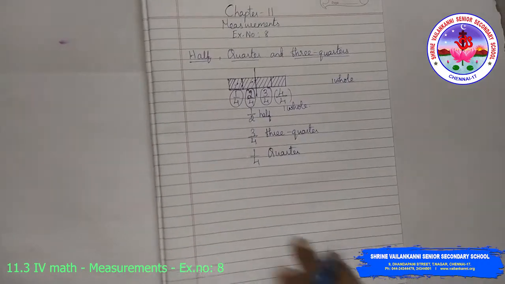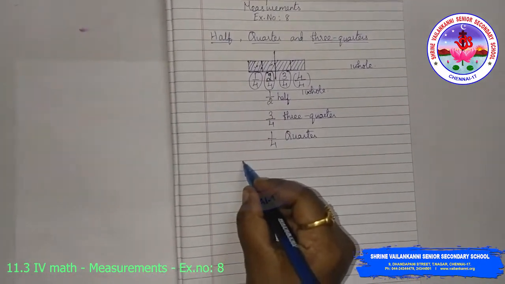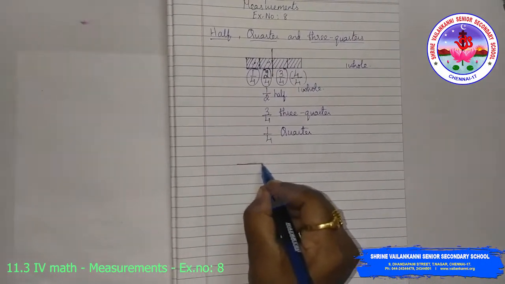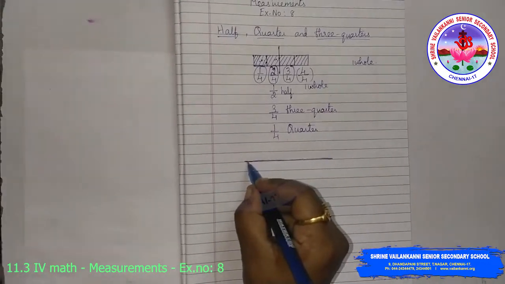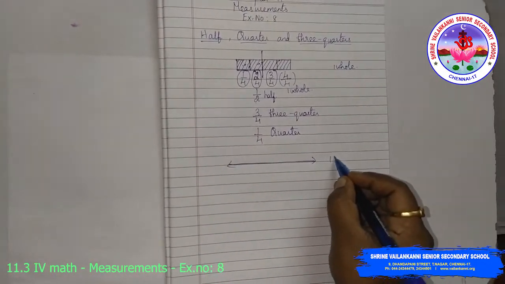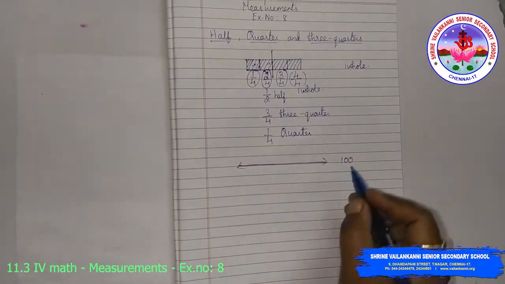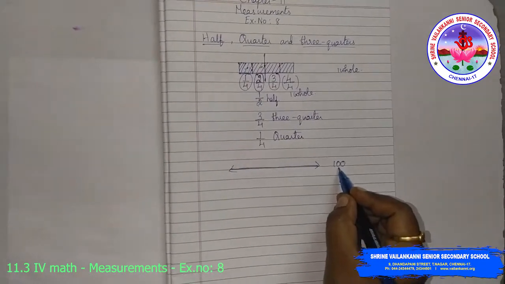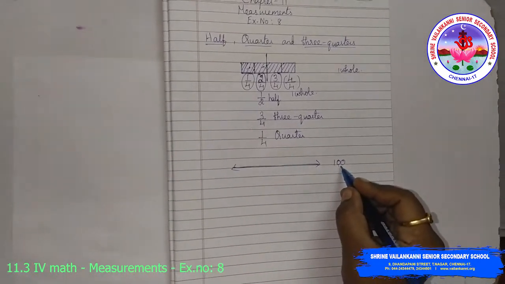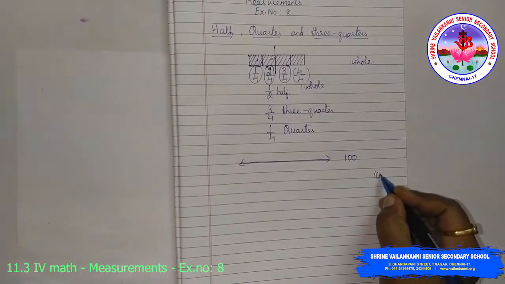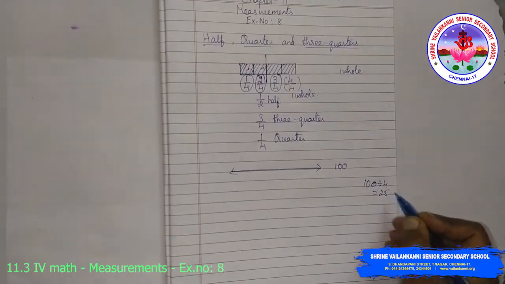Here I'm going to use a value. For example, treating this line as 100. If I divide this 100 into 4 equal parts, 100 divided by 4 gives 25.